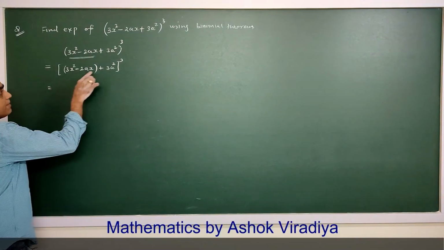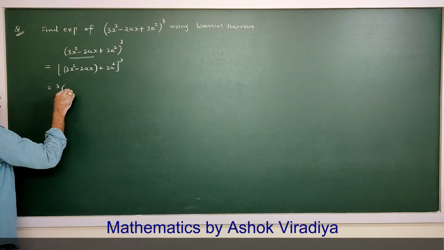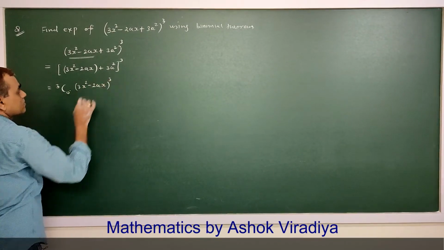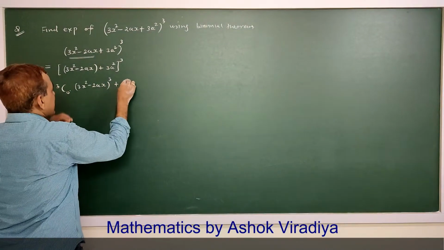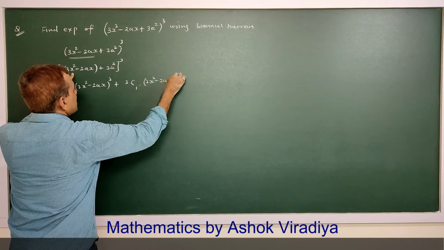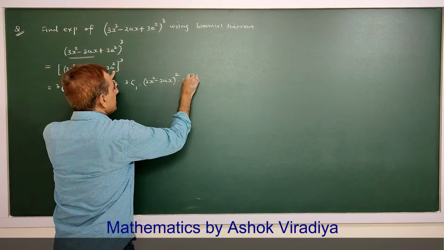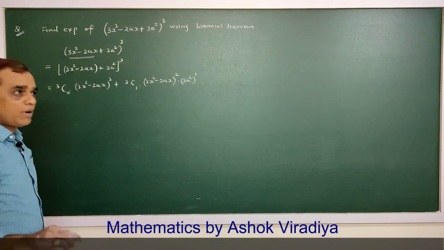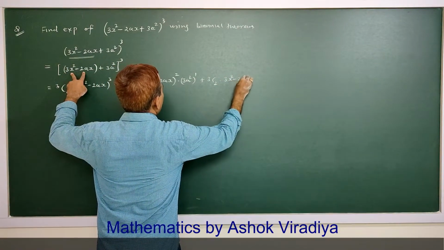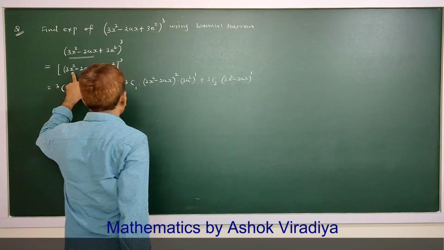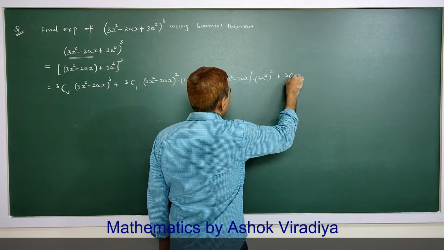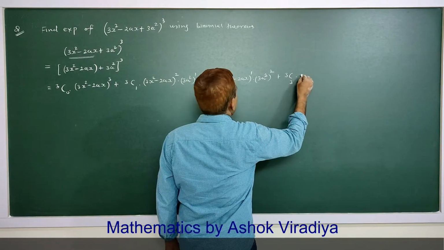Now applying the formula (a plus b) raised to n: nC0 a raised to n plus nC1 a raised to n minus 1 b plus nC2 a raised to n minus 2, that is 3 minus 2 is 1, and b square, plus nCn b raised to n.